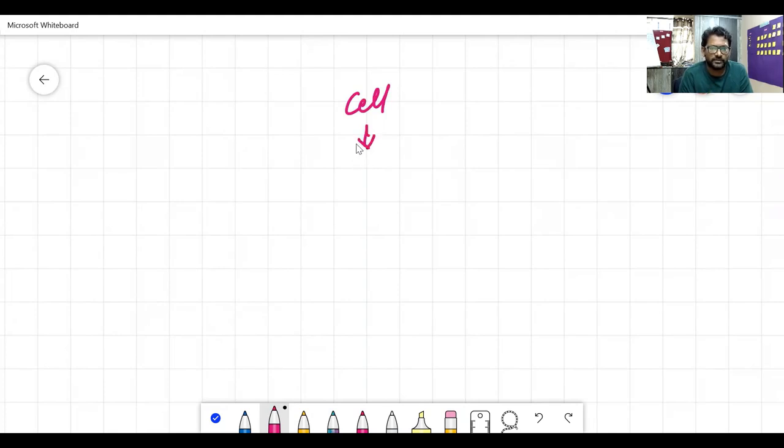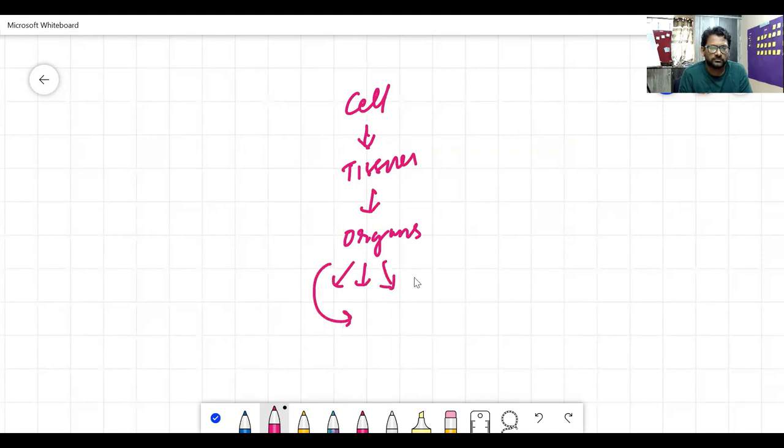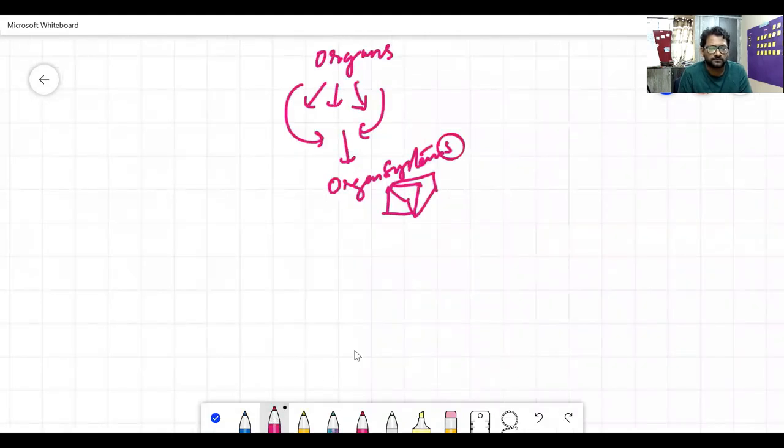Cells form tissues. Similar tissues with similar functions combine to form organs, and quite a few organs eventually form organ systems. All these organ systems make possible the human being or animals. So, the organism.